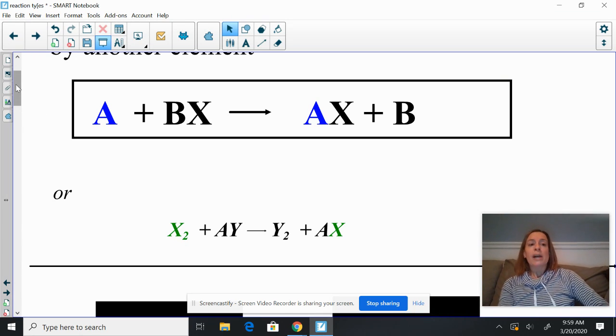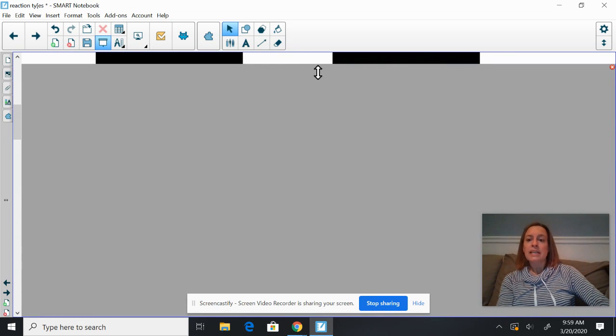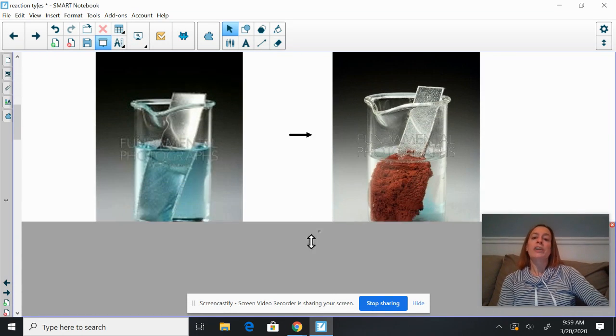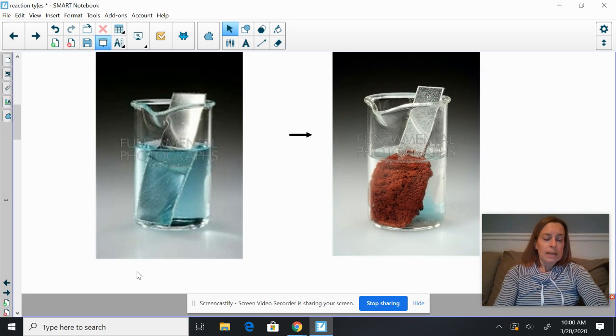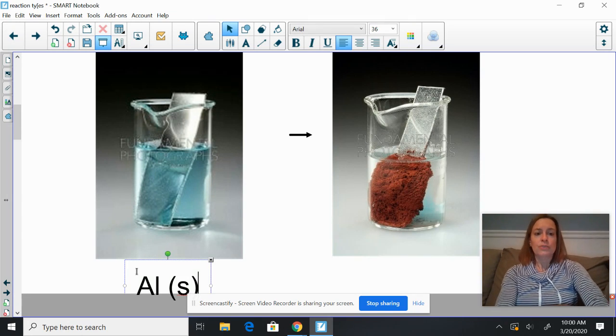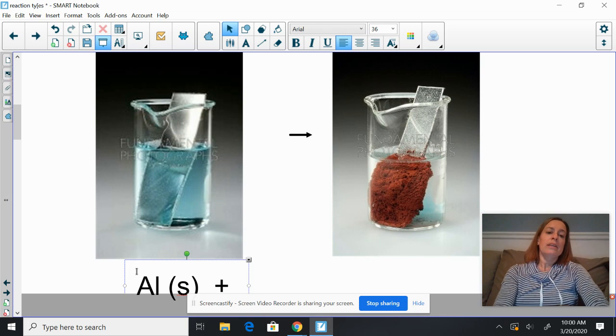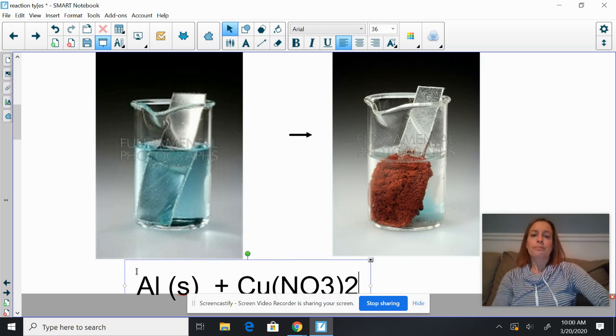Now that might seem kind of confusing when it's just these letters. So let's look at some actual examples of things you've done in lab previously and see how those are single replacement reactions. Back in the beginning of the year, you did this lab where what you had was a piece of aluminum foil. I'll just put it as S for solid. You placed it in a solution of copper nitrate and you let it sit.